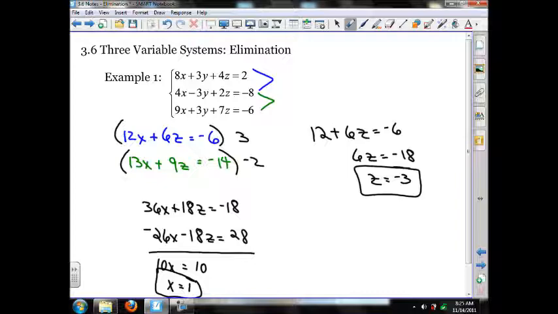Yeah, one of the original equations. So maybe the very first one. 8 plus 3y equals 2. Make sure as you go, you're circling your answers or writing them as an ordered triple: 1, 2, -3.